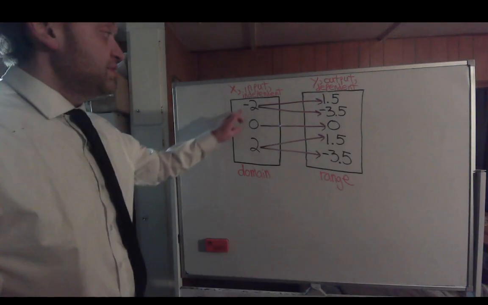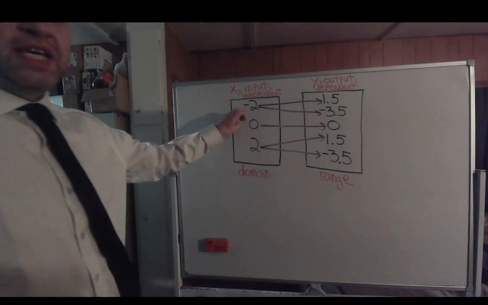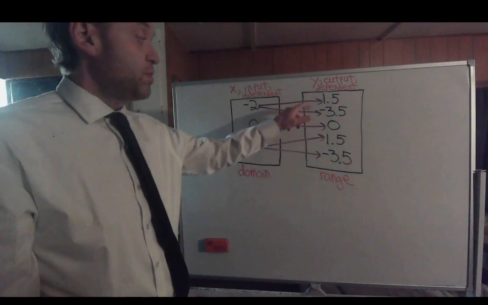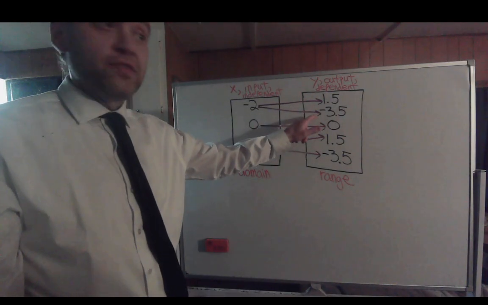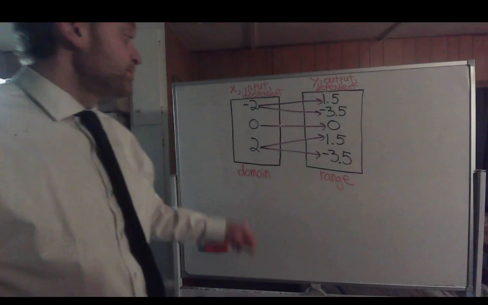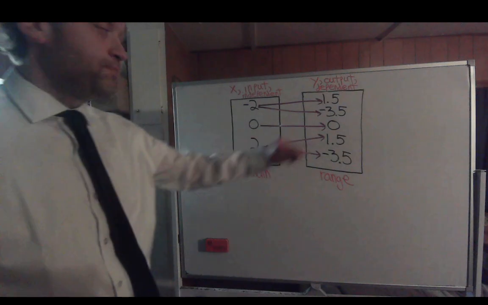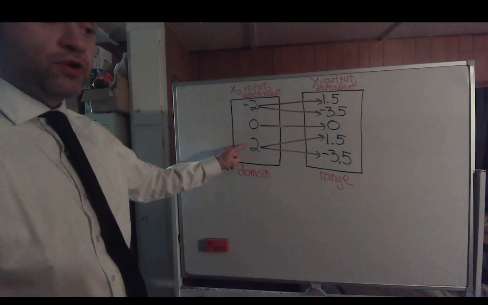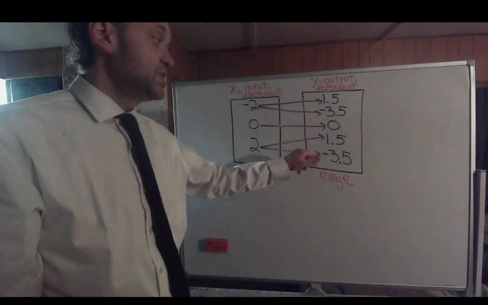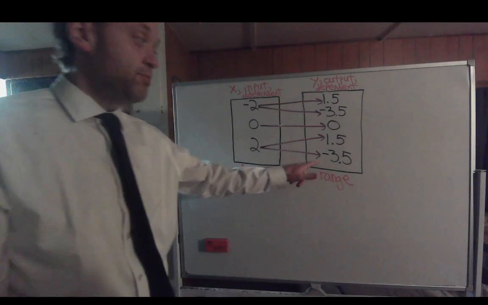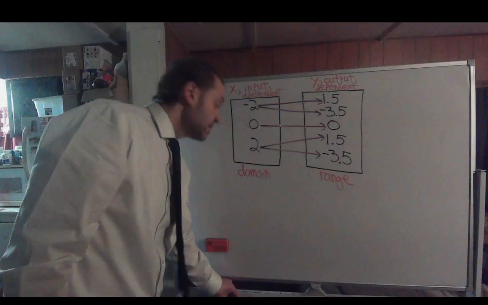We have -2 in the domain, gives you outputs of both 1.5 and -3.5 in the range. 0 in your domain only gives you an output of 0. Then positive 2 in your domain also gives you outputs of 1.5 and negative 3.5 in your range.